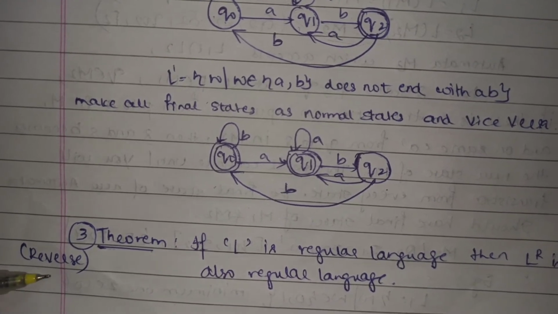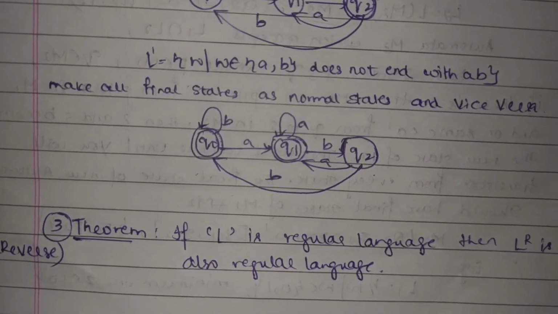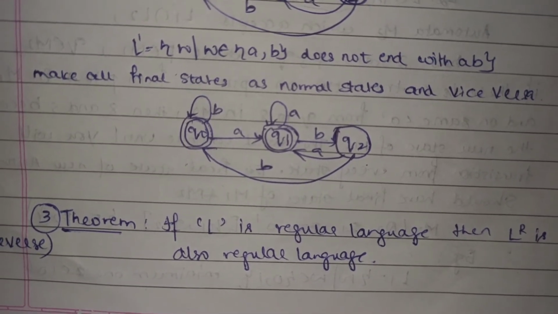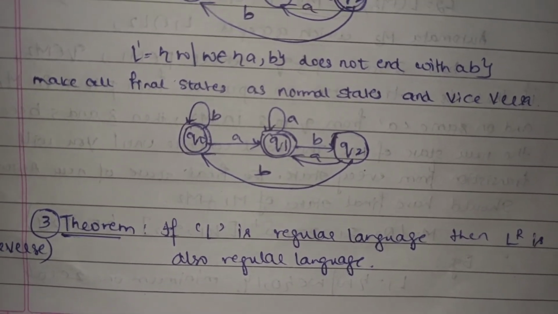Now coming to theorem 3: if there is a language L, and you have the language L of R, then regular languages are closed under it. That is, it is applicable for reverse.